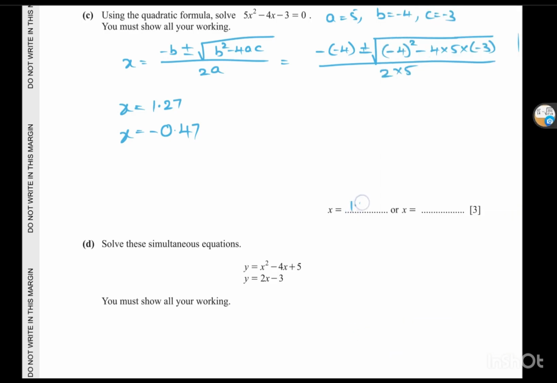So we can take these values as the x value. Question number D.